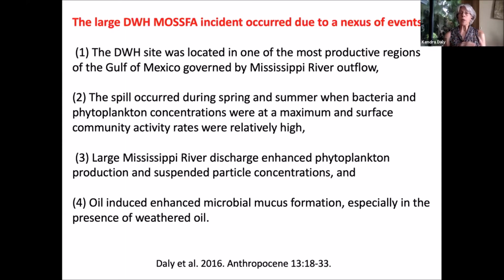But what it did was to cover the entire region with low salinity water and to stratify the surface water column, which enhanced phytoplankton growth because the Mississippi River carries high concentrations of nutrients as well as suspended particulate concentrations. And then, as the previous speakers have talked about, enhanced microbial mucus formation. That was also very important.